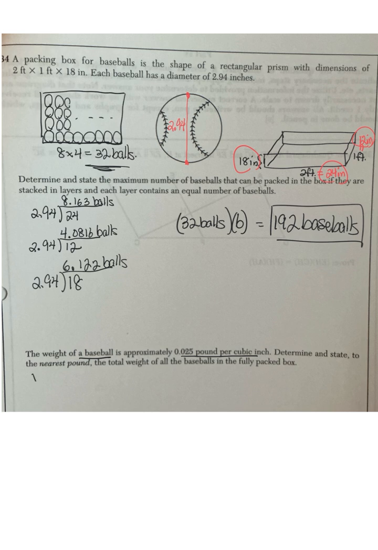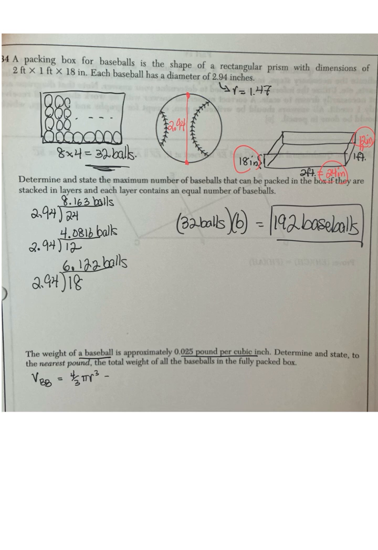So if I take the volume, I'm going to write BB for baseball, of a baseball, right? So that's a sphere, 4/3 pi r cubed. Well, I know that the diameter is 2.94. So if I take that and I cut that in half, the radius would be 1.47.